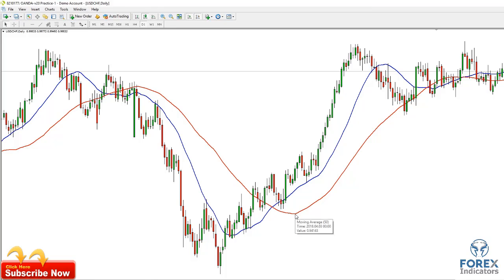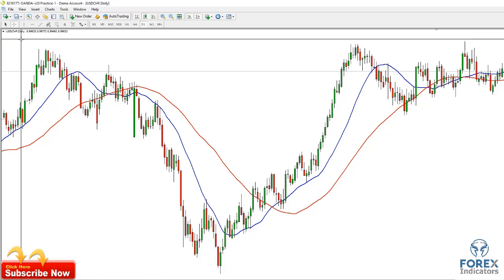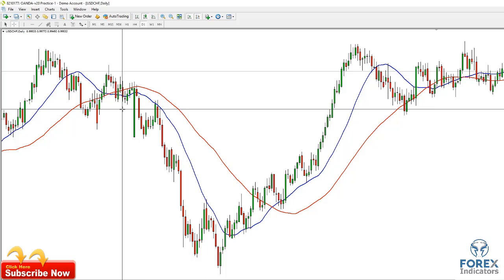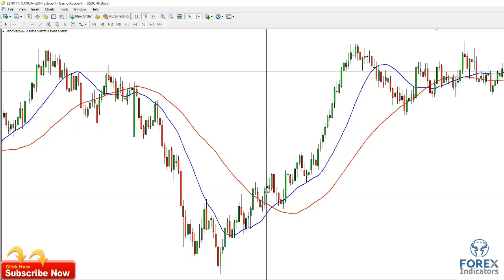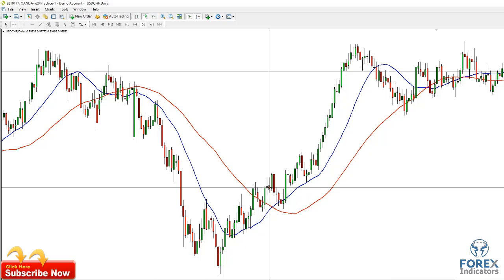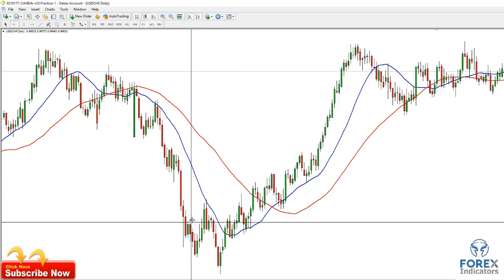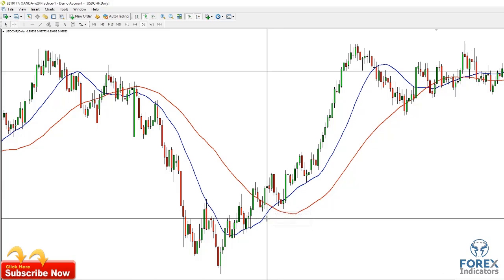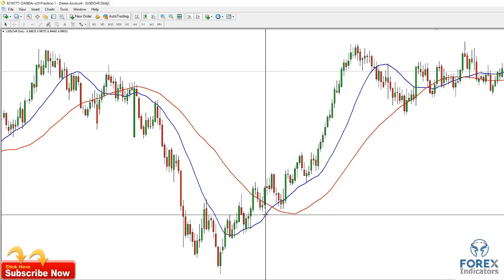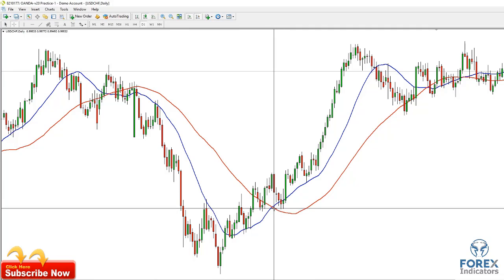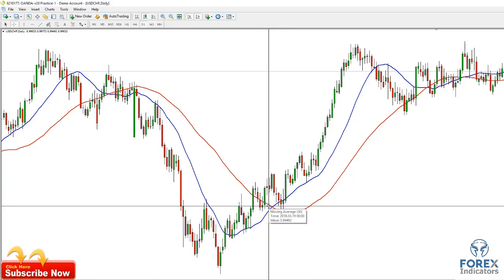Now, some people like to use moving averages. There are lots of different ways to use them, but one way that's very popular is the moving average crossover strategy. This is a very simple strategy, and I don't recommend you just use this blindly without at least researching it more, testing it yourself, or combining it with other indicators or other ways to trade. But what you'll see here is that when we have a significant cross of the fast period moving average across the slow moving average, it's a signal that the market is potentially changing directions.